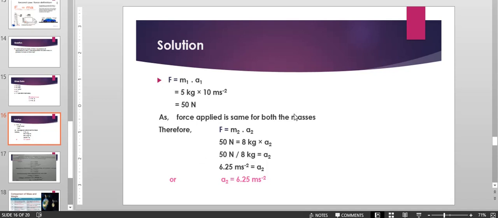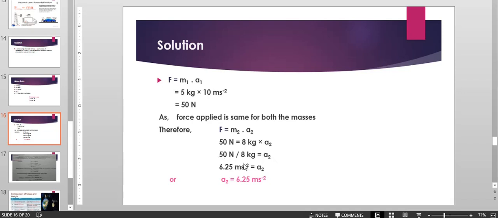Keeping in view the mathematical way of solving this question, we will move 8 towards the left. So 50 divided by 8 is equal to the acceleration, as we have to find the acceleration, so we will separate it from all the other given values.